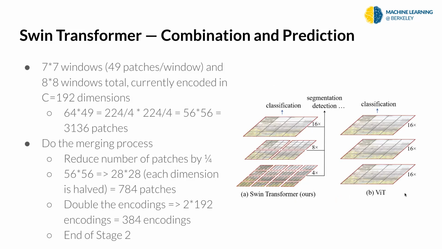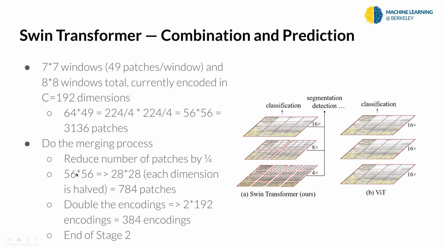So we start off with 64 windows, each with 7x7 patches, which is a total of 3,136 patches in our entire image. After the merging process, we reduce the number of patches by 1/4, right? Because we're combining every 2x2 set of patches into one patch.